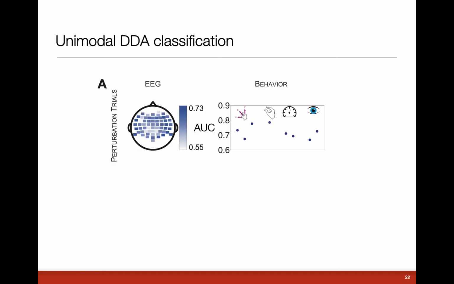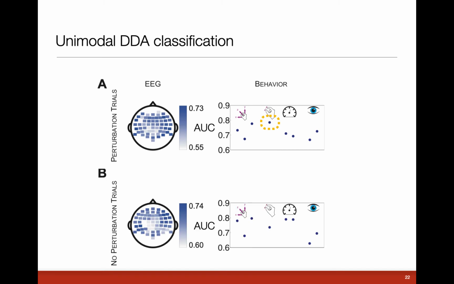DDE classification of EEG and behavioral data for perturbation trials resulted in better performance as evaluated by the area under the receiver operating characteristic curve, or AUC, in behavioral modalities, such as aperture during perturbation trials and velocity during no perturbation trials.